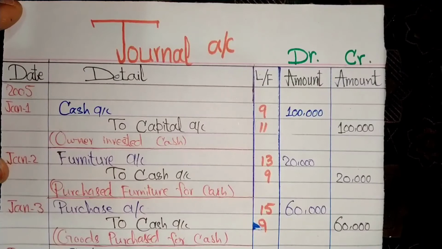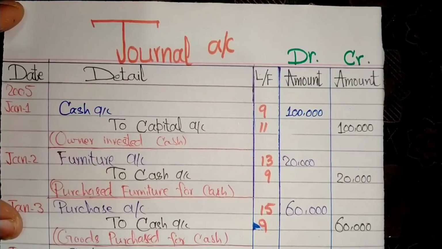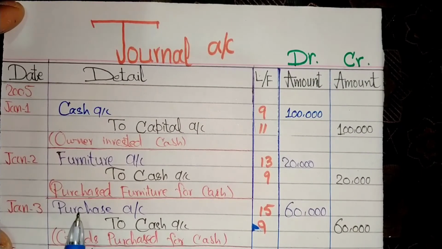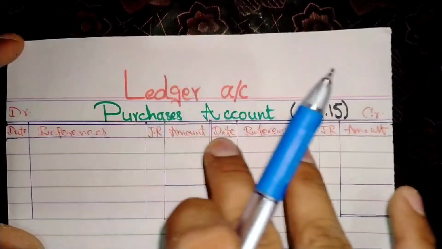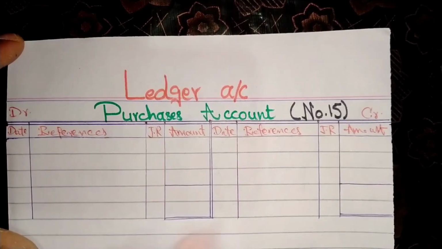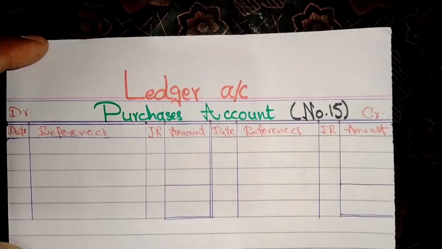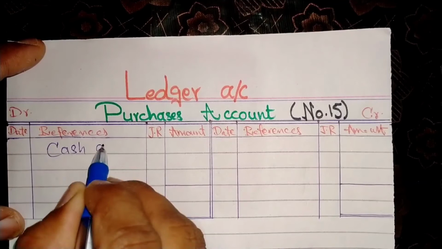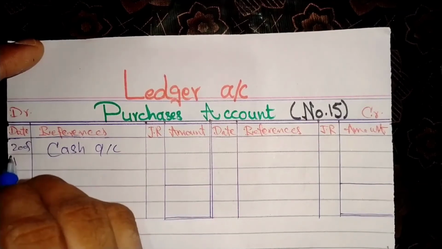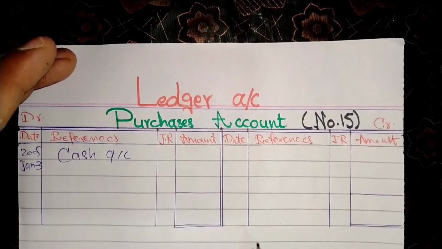Our next treatment is the purchase account, because goods were purchased for cash on Jan 3rd, so purchase account is debited with cash account. This is the format of the ledger account of the purchases account. We will enter the entry in this way: purchase account debit with cash account on date 2005 Jan 3rd with amount 60,000 rupees.